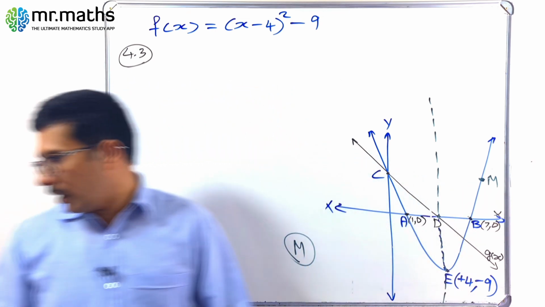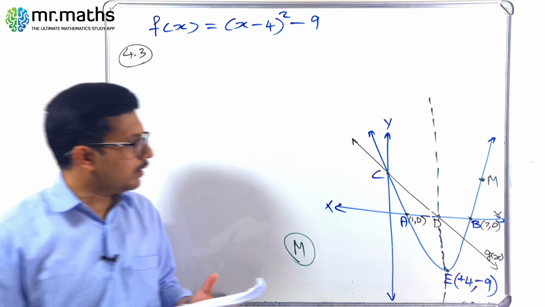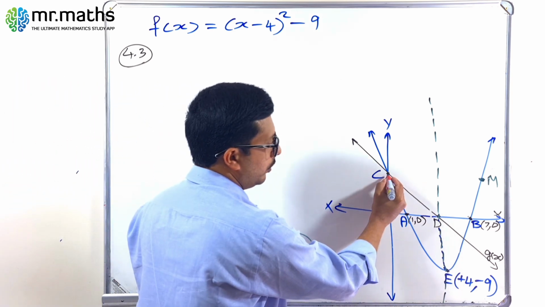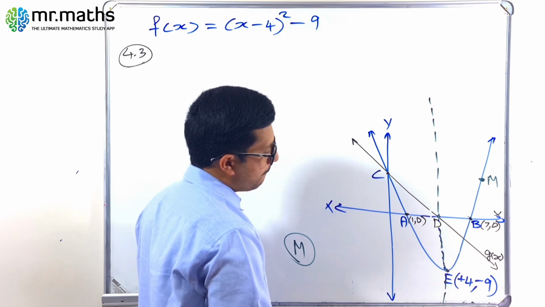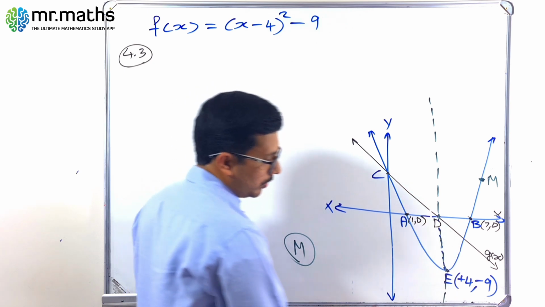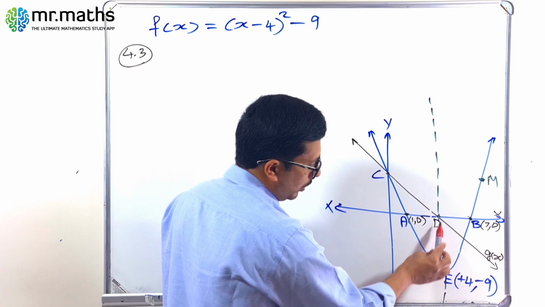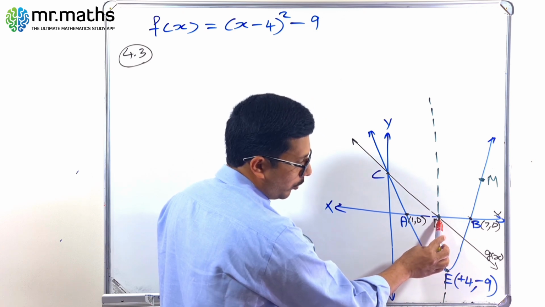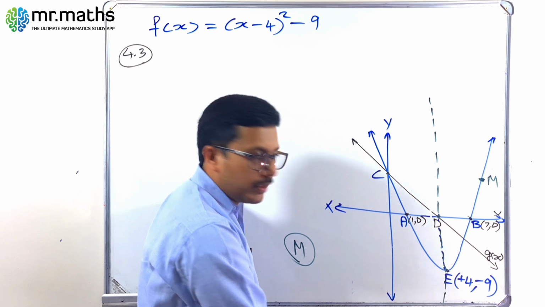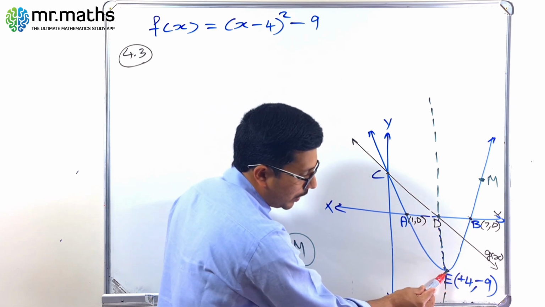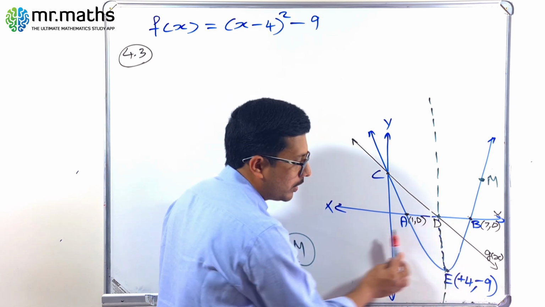Okay, look at this point. First we can find the x value. What is the x value of this point? Is it not the same as the x value of E? The x value of D is the same as the x value of E, because these two lines are parallel.